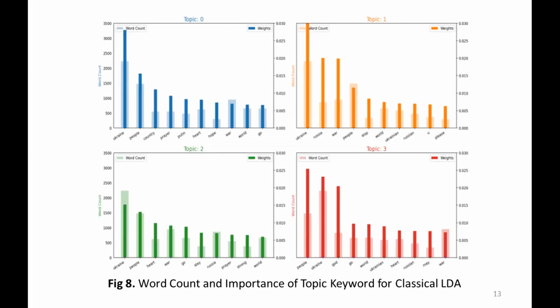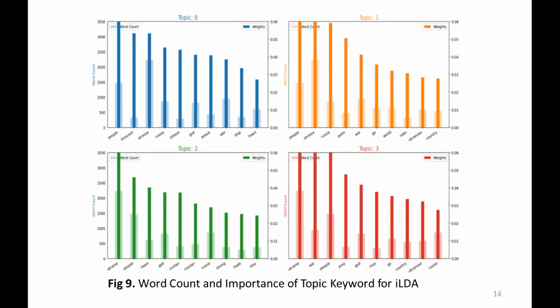Then this figure shows the word distribution generated from the classical LDA. If we observe the words here, we face some difficulty in defining the topic of any of the word distributions.